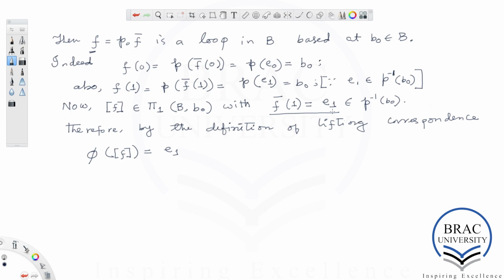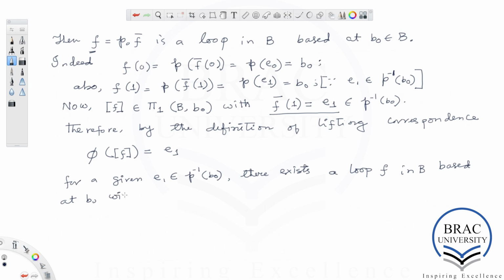In other words, we just have shown that for a given E1 in the set P inverse of B0, which is the inverse image of B0 under P, there exists a loop F in B based at B0 with phi of the class of F equal to E1.